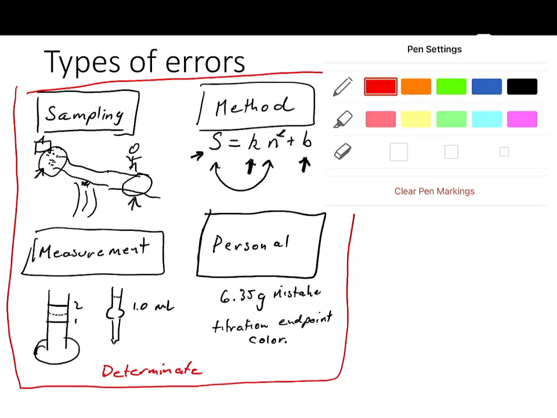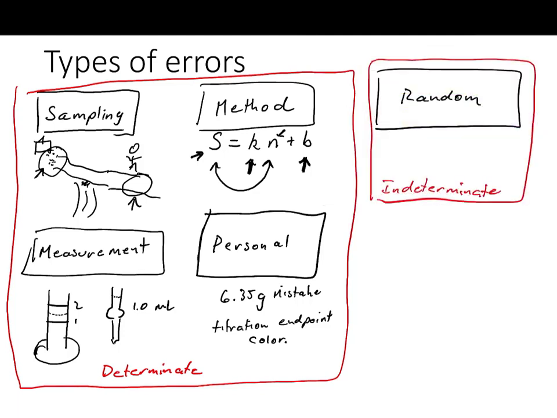So one of the really important take-home messages from this is that there will always be error in a measurement. There will always be uncertainty in a measurement. We can't avoid those 2 things. Now, it turns out that these determinate errors speak to the accuracy of the measurement.